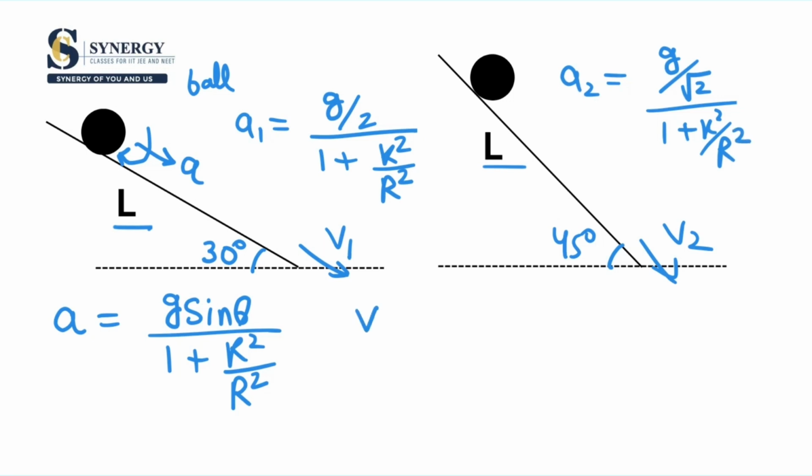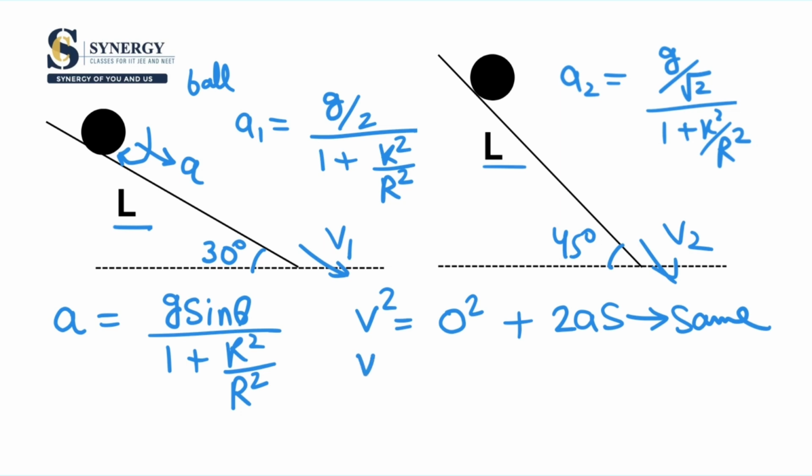For finding velocity, we have the formula v square is equal to u square plus 2as, where u is 0. The length of the incline is the same, so s will be the same for both cases.